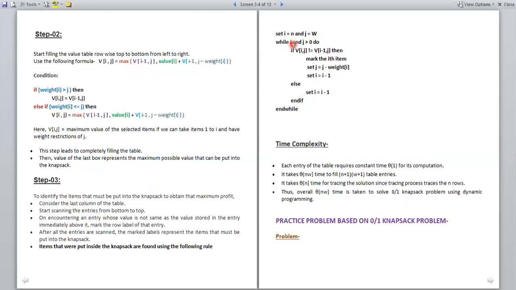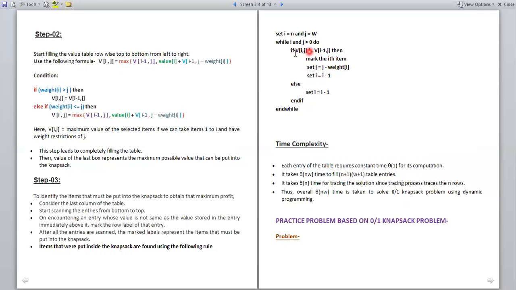Then check if i and j are greater than 0, and compare V of i,j with V of i minus 1,j, the same column but the previous row. If not the same, then we update j and decrement i by 1.